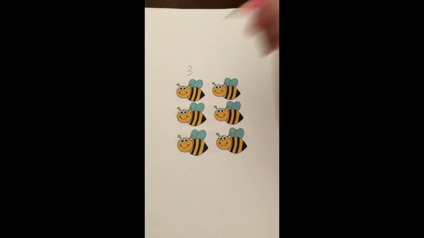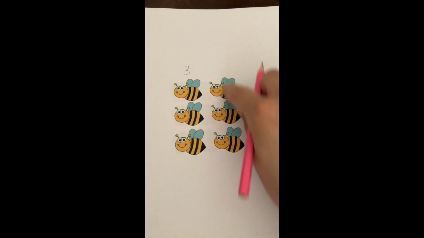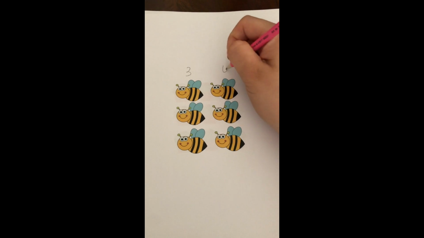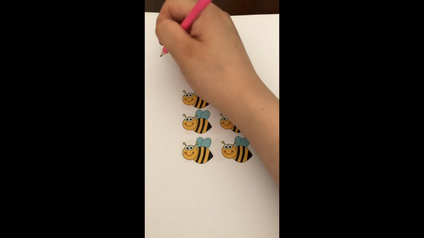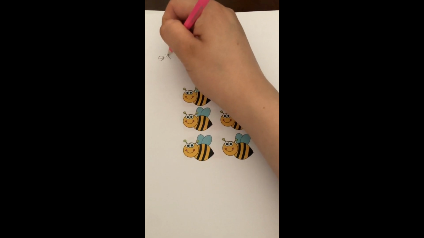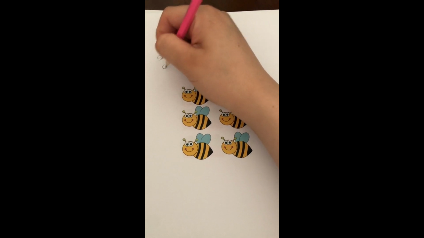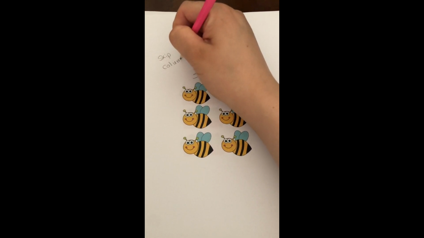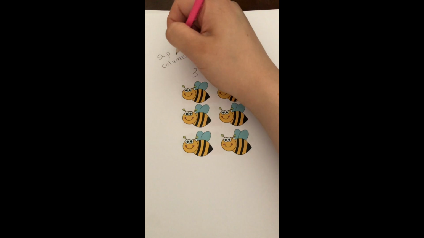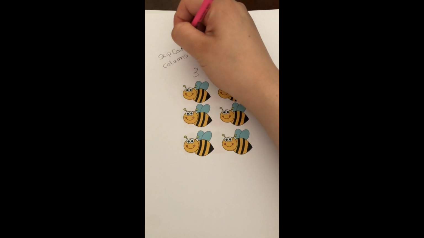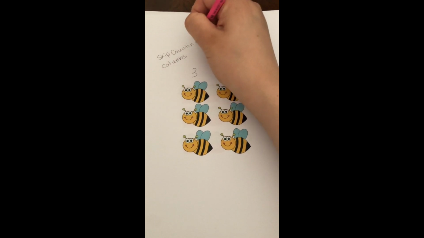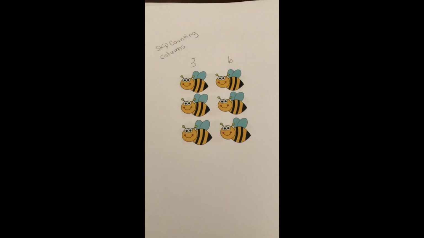So this would be 3 to show this column. This would be 6 if I'm skip counting by 3s. So skip counting the columns is another way to do this. You can choose, you don't have to do both.